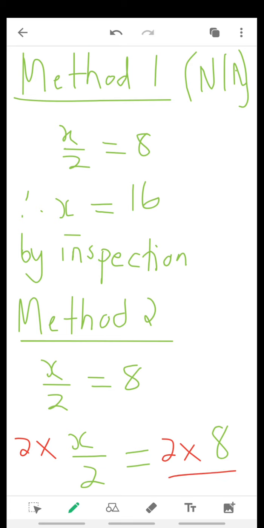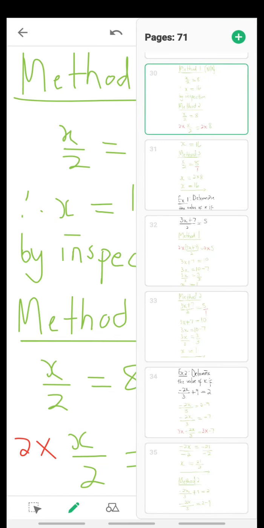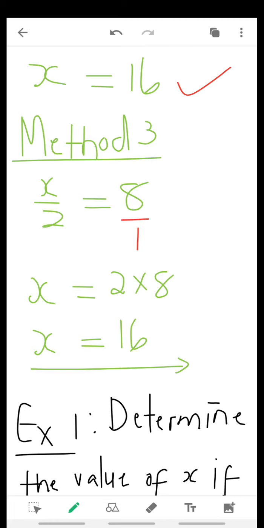Remember, what I do on the left, I must also do on the right. As you can see, I've multiplied by 2 both sides. Okay? So now, the 2 here and the 2 here will cancel. Very important. And I'll be left with an x. But the 2 here and the 8 will multiply to give us 16. Are we not getting the same answer? We are getting the same answer.